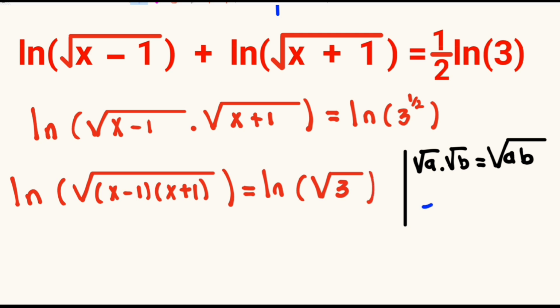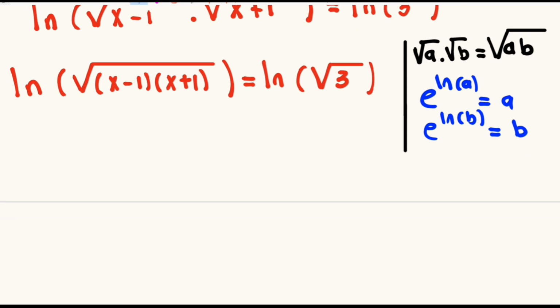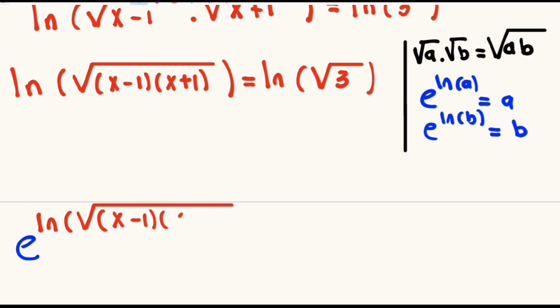and we know that e raised to the power ln of a is equal to a, or e raised to the power the ln of b is equal to b. We introduce the e both sides of the equation. We have e raised to the power the ln of the square root of x minus 1 multiplied by x plus 1, and what we do on the left we also do on the right.